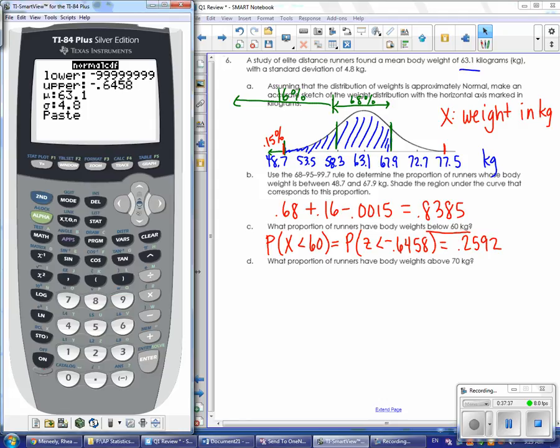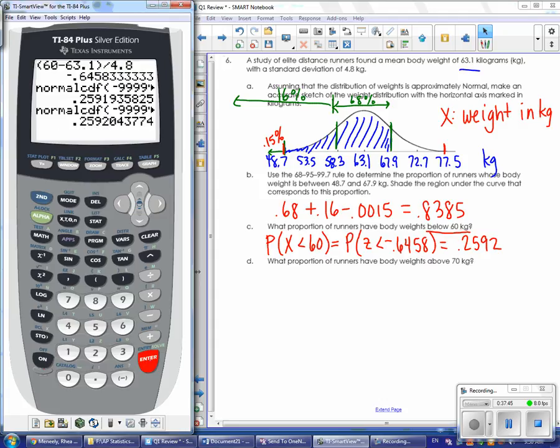If I'm going to use my z-values, then I need to change my mean to 0 and my standard deviation to 1. So you just want to make sure you're being consistent. If I do it this way, I should get the same thing. Now, I rounded my z-value, so my proportion is slightly different than the last one, but that's only because I rounded the z-value. So in letter D, we're looking at the proportion of runners that have body weights above 70.